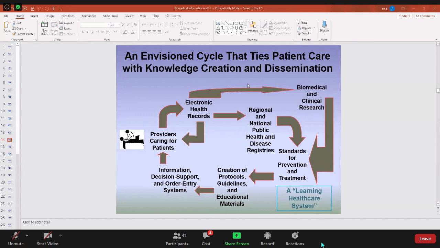That component will then be recorded and monitored by a certain sector, which is the electronic health records.